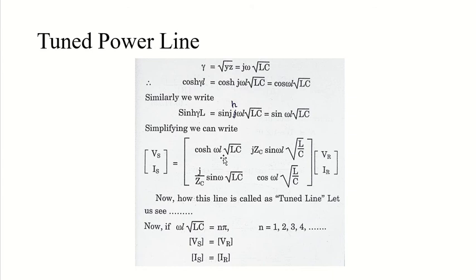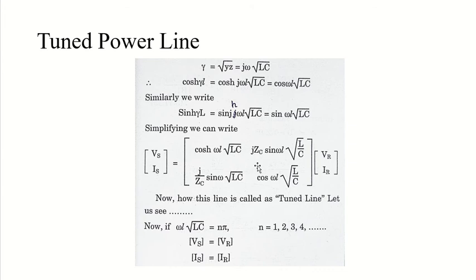We can write it like that: cosh of omega l under root LC will be my A and D. B will be j ZC sinh of omega l under root LC, and the value of C will be j divided by ZC, sinh of omega l under root LC. So we did nothing but derive the ABCD parameters. We just took the ABCD parameters and presented them in a slightly different way, right?